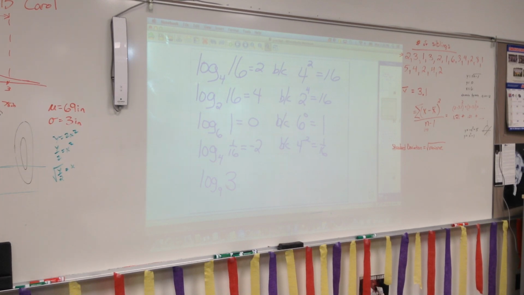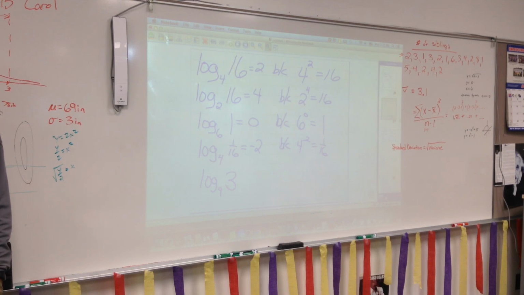It's one of those. Wouldn't it be 1/2, because 3 squared is 9? Isn't that just like the opposite of it, a flip?